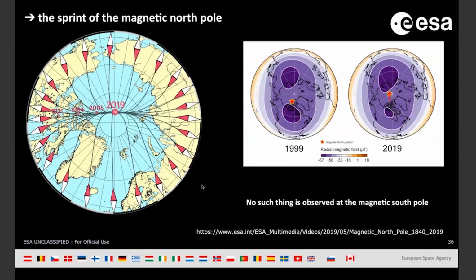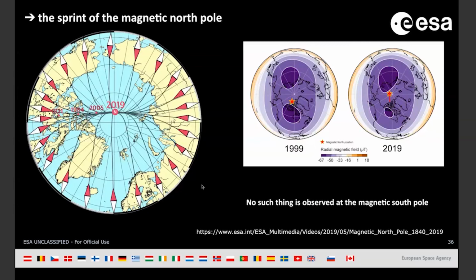So this is a 20-year time span. The reason the magnetic North Pole location has changed is that these blobs in the magnetic field, and in the convection going on in the geodynamo, have moved. It's a result of the physical movement of the liquid iron in these regions.